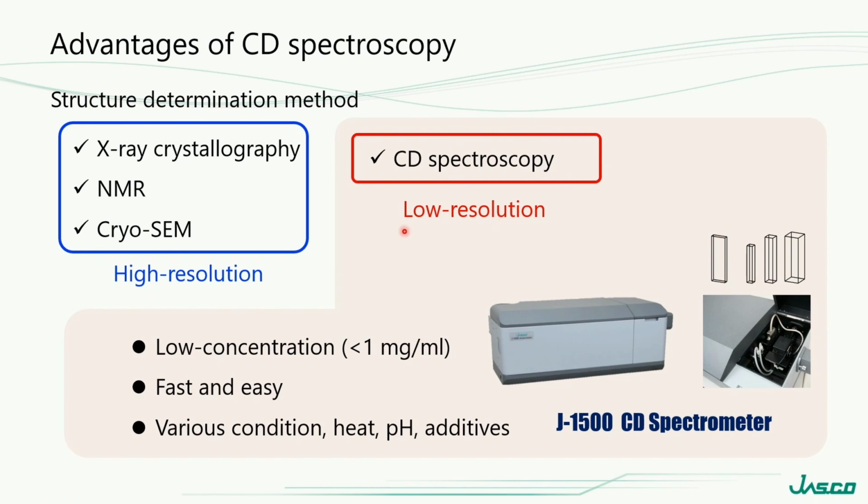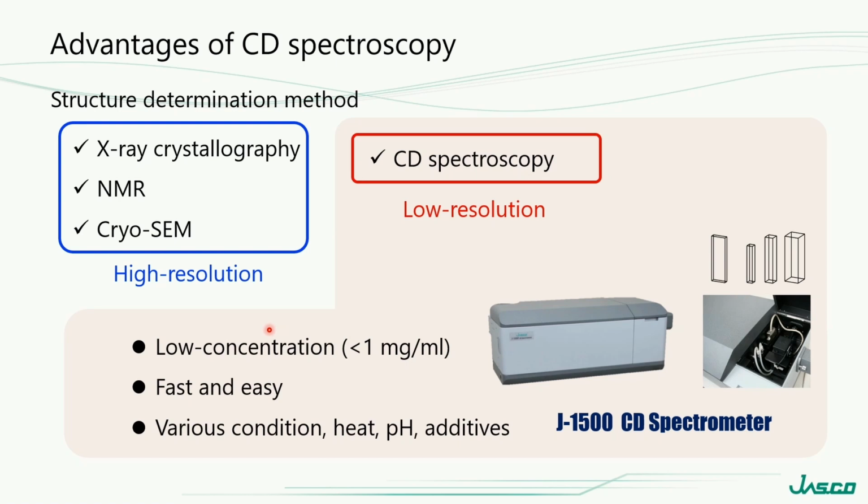So what are the advantages of CD spectroscopy? There are some structure determination methods such as X-ray crystallography, NMR, and cryo-EM. Although CD spectroscopy cannot offer such high-resolution information, it has these unique advantages.